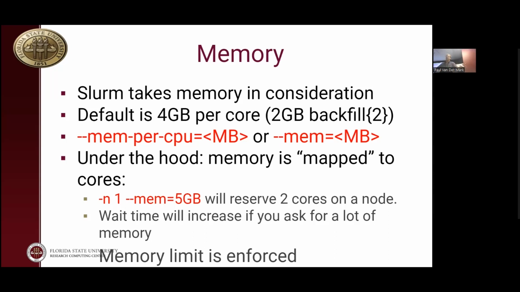Now, this is a very simple example, but we've seen in the past that because people ask for more memory than that partition allows, their job will not run. Especially if you go over 64 gigabytes, this is kind of a magical threshold. A lot of the general access nodes only have 64 gigabytes.